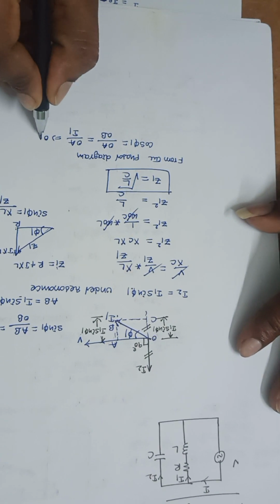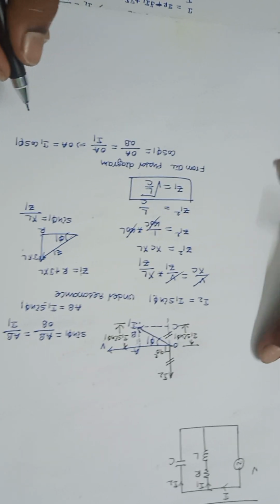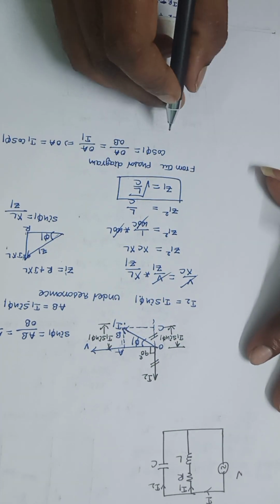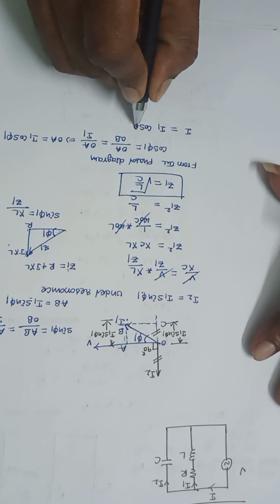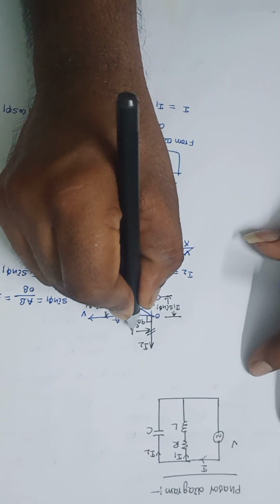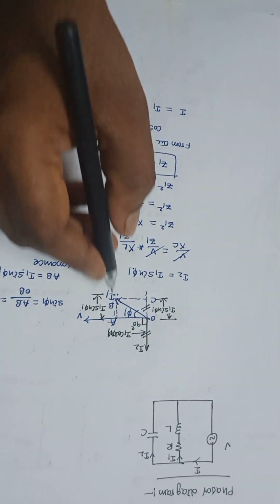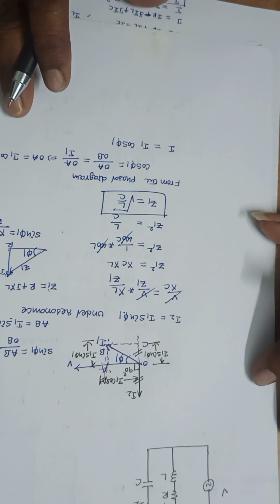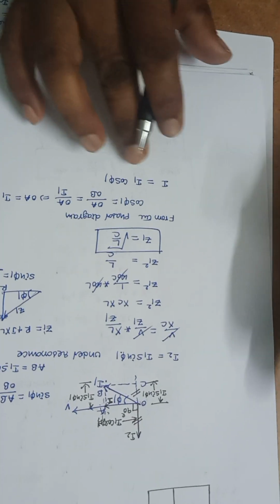So here OA is equal to I1 cos phi 1. And this quantity is nothing but this I. So finally the current I is equal to I1 cos phi 1, because from here to here, OA is I1 cos phi 1. That is equal to I. That means it is I here. I is equal to I1 cos phi 1.